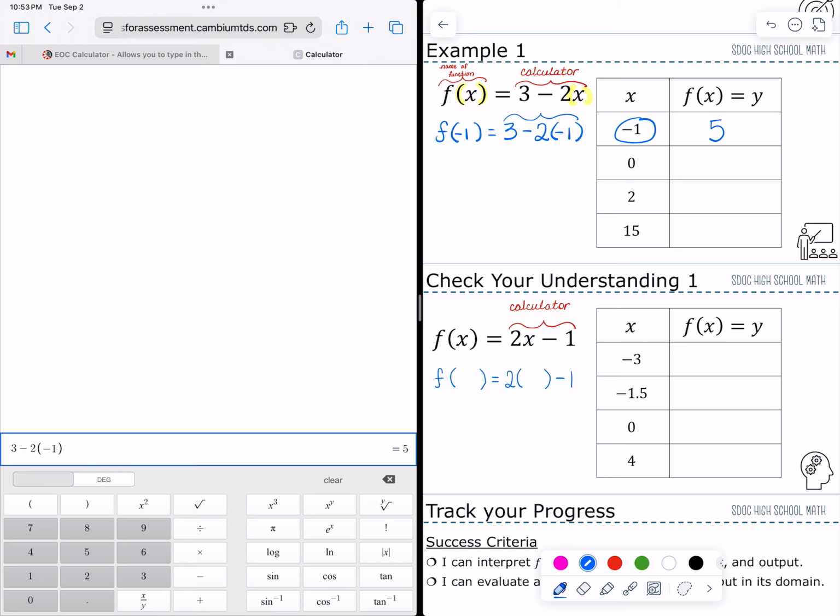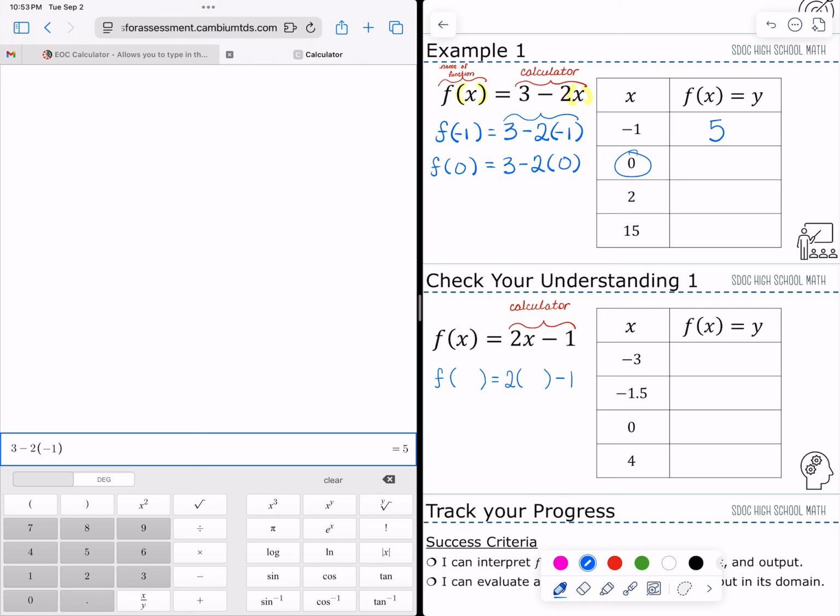So when we substitute negative 1 into the function, we get 5. Now let's do that again. We have f of x is equal to 3 minus 2 times x, and this time our x value is 0.